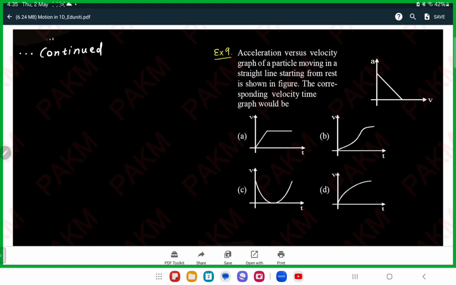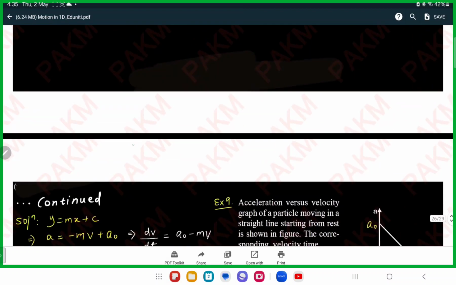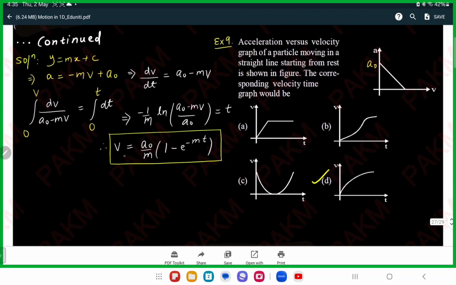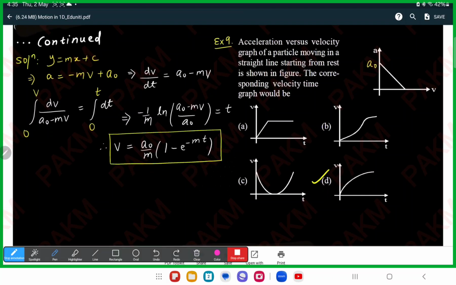You have to discover the velocity versus time graph. So here you can see, since the given equation has the type y is equal to mx plus c, here c is positive and the slope is negative because it is a falling line.